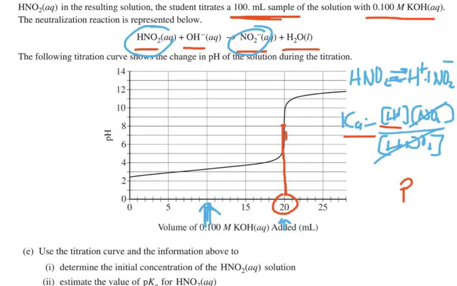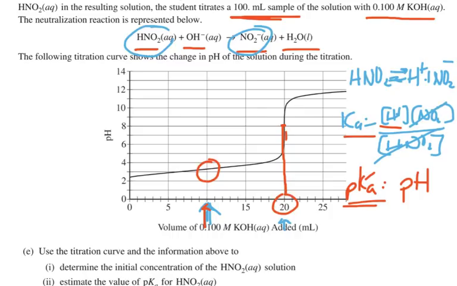So if you take the negative log of that, the pH is equal to the pKa. So this special place right here, if you take the pH of the solution halfway to the equivalence point, that is going to tell you the pKa of the acid. It doesn't matter what you started with, it's just when you get halfway there, that'll be the pH equals the pKa of the weak acid.